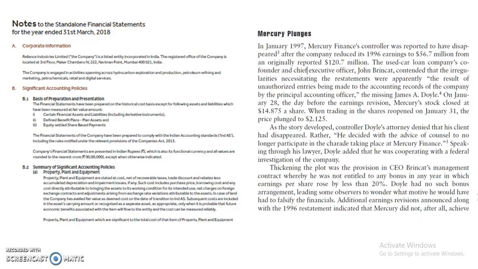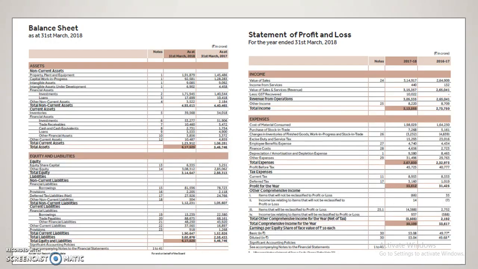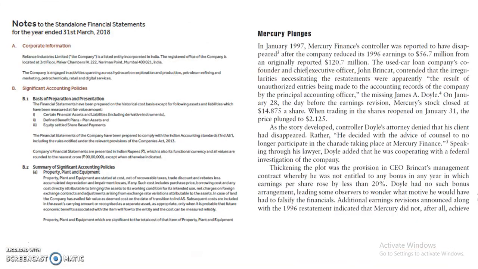Do we think that these statements cannot show a loss, or can there be fraud in a balance sheet? In the previous sections we learned, for example, that company directors' performance is sometimes linked with the company's performance. In this particular case, there was a company named Mercury in 1997 in the US.